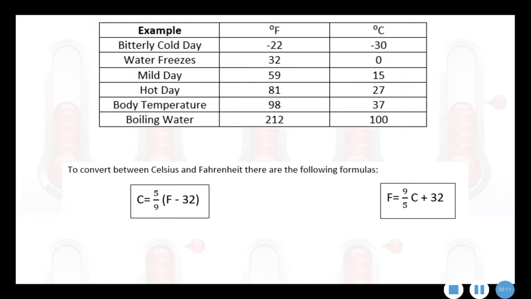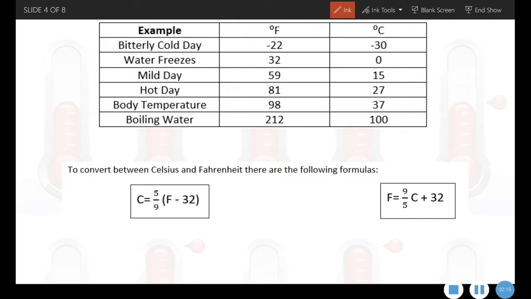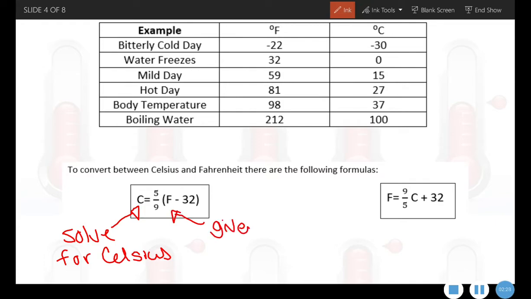But really what we want to know is how we can convert back and forth between these 2 scales. So if I am trying to solve for Celsius given a temperature in degrees Fahrenheit, I would use this formula, which is 5 over 9 bracket times F minus 32.